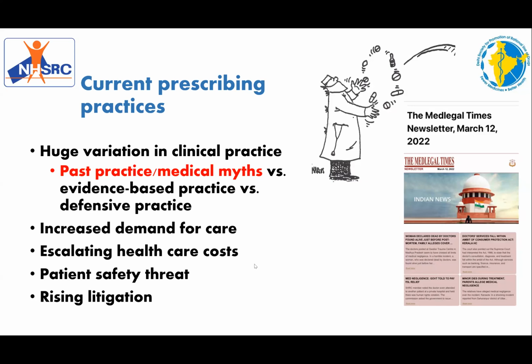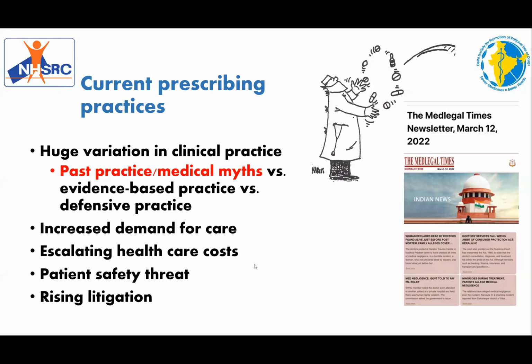Now, another dimension to this problem is defensive practice, because of the Consumer Protection Act, or somebody may complain, why am I not doing this? Many times medicines or investigations are asked just to be on the safer side. We haven't made any clinical diagnosis yet, but we ask for a panel of tests, and just in case something turns out to be positive, we start treating that.